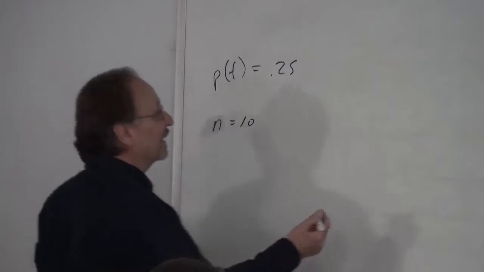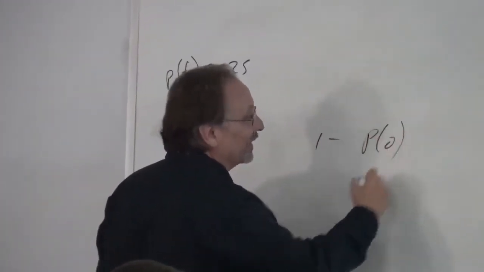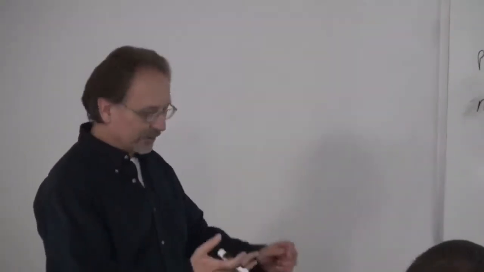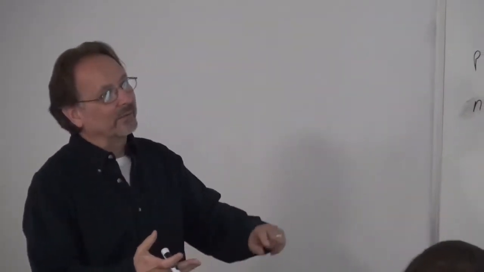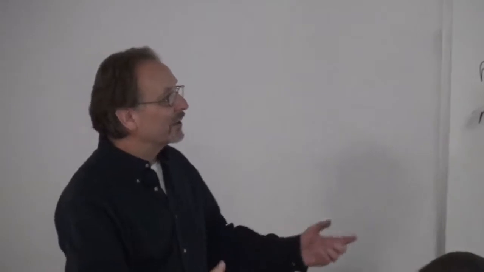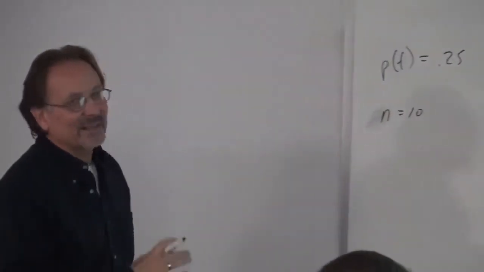Okay? The probability of getting at least 1 mistake is 1 minus the probability of getting 0 mistakes, right? You can either do it the hard way and do the probability of 1 mistake, plus the probability of 2 mistakes, plus 3 mistakes, plus 4 mistakes, all the way up to 10, or you can just calculate the probability of 0 mistakes and subtract it from 1. That's the complementary law.